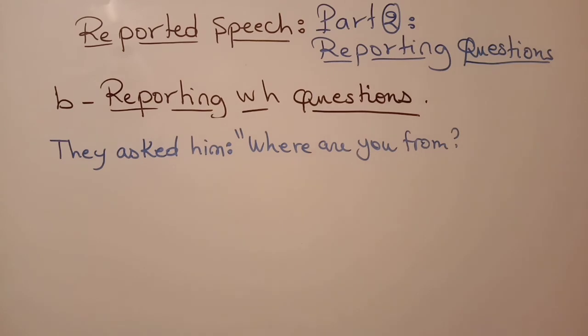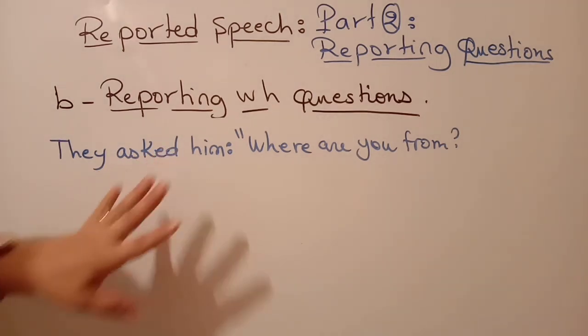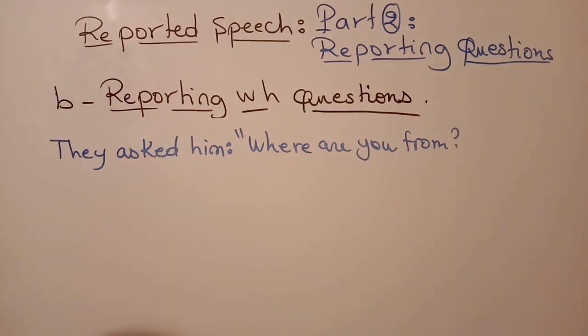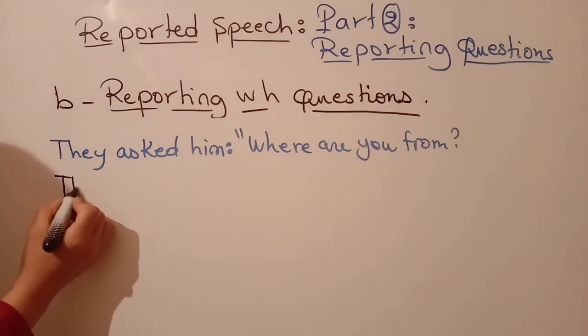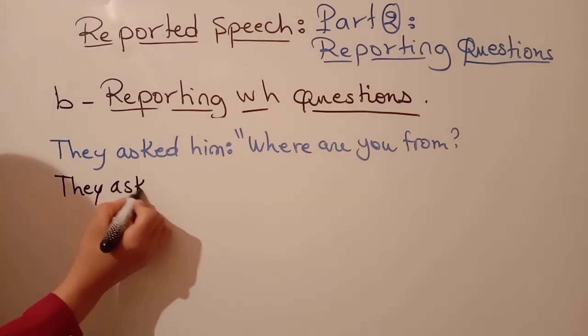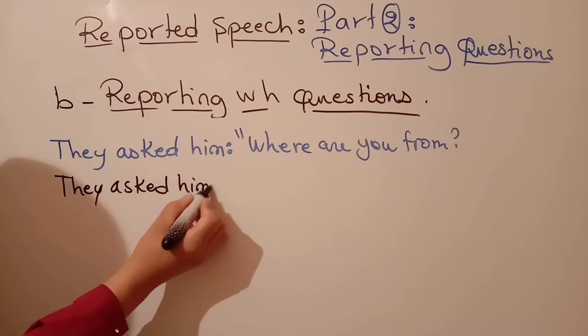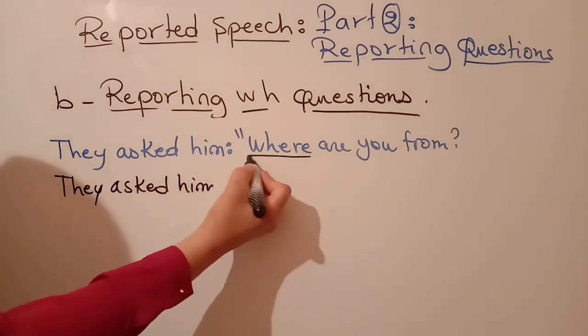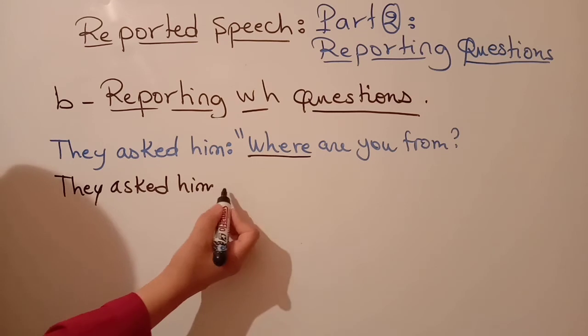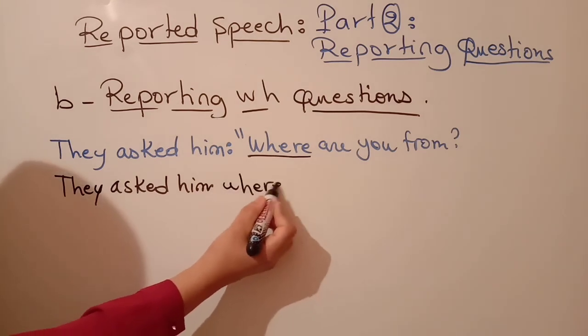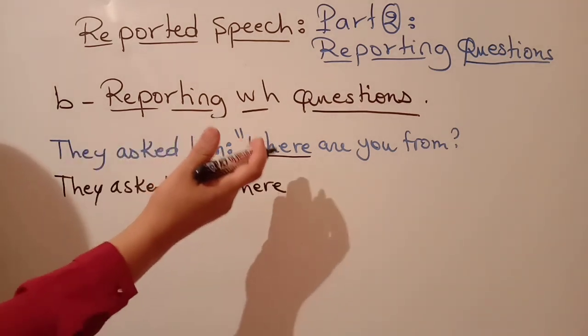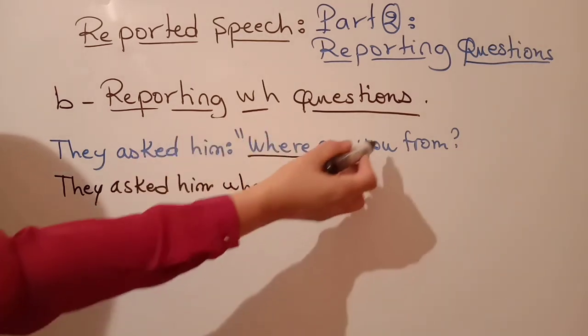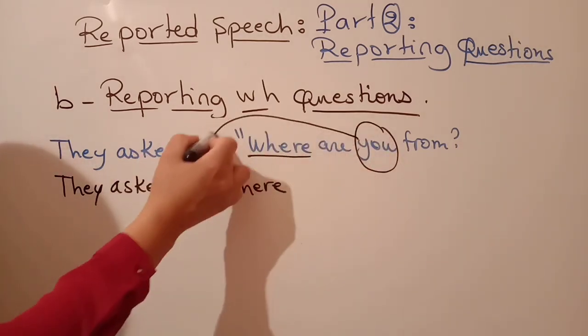Another example: they asked him, "Where are you from?" The first part does not change: they asked him. The link is the WH word, which is where. Where plus subject plus verb. The subject is you. You refers to him.